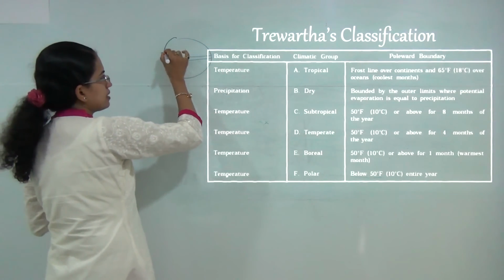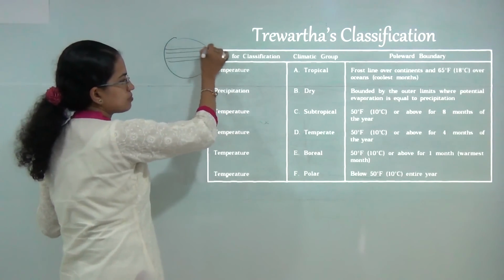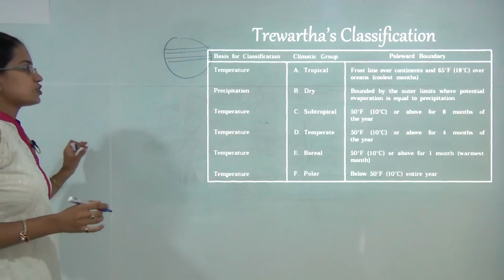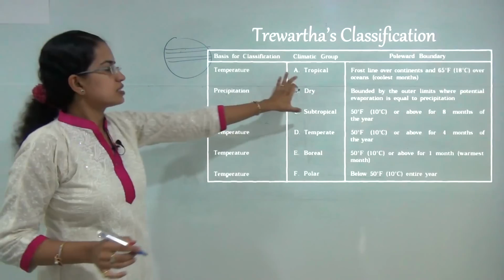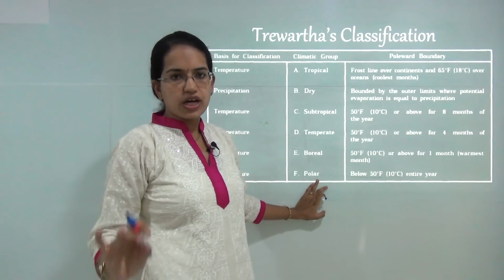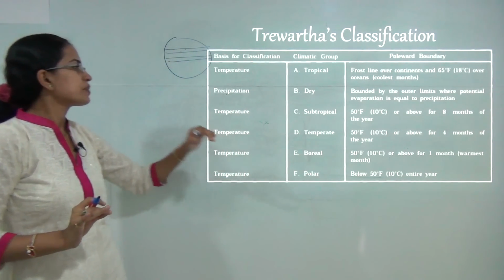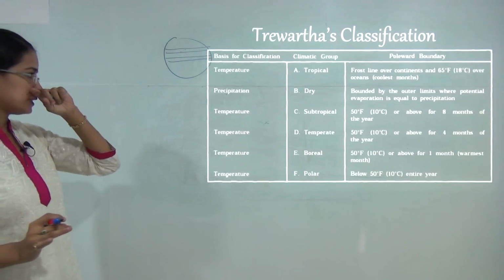So you have the tropical belt, you have the temperate belt, you have the subtropical belt, and so on, and the polar regions. So this terminology that Trewartha used was much simpler as compared to Köppen's terminology.